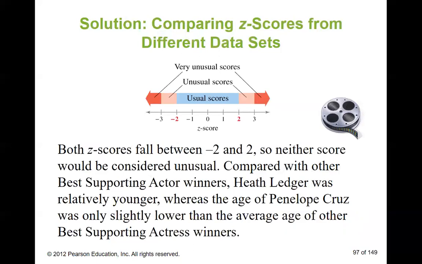So, because neither one was smaller than -2 or greater than +2, we wouldn't call them unusual or like they were outliers compared with others. But he was relatively younger compared to Cruz, who was closer to average. Make sense? Okay, so let me stop this.